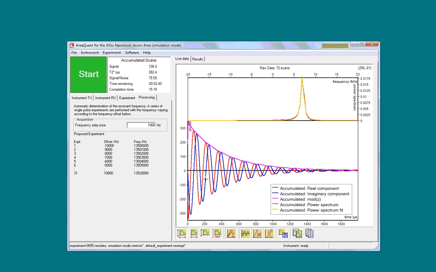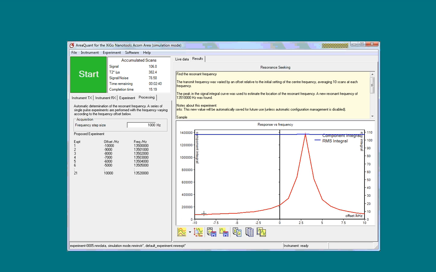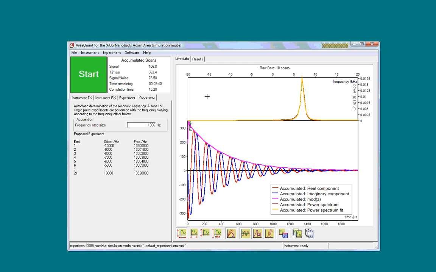When you're at resonance, the number of zero crossings will be very small. So if you look at the reciprocal of that, you'll see this component integral with this very sharp peak at resonance and then becoming very large as you get relatively farther and farther away from resonance. So that's how we find the resonance frequency.